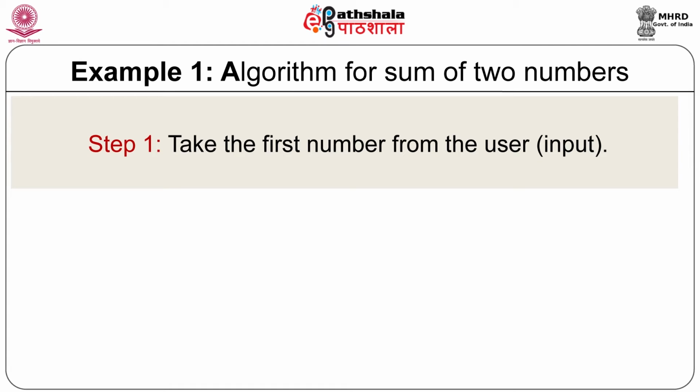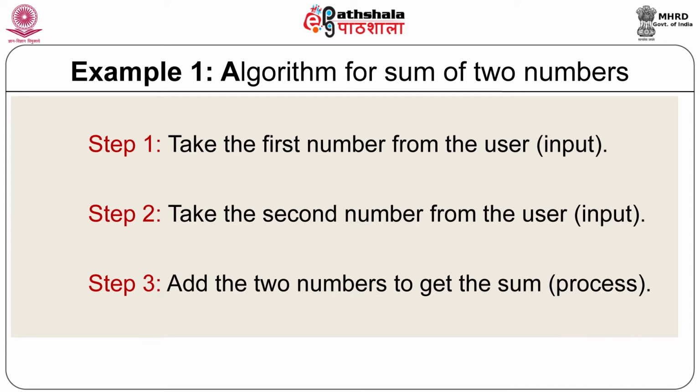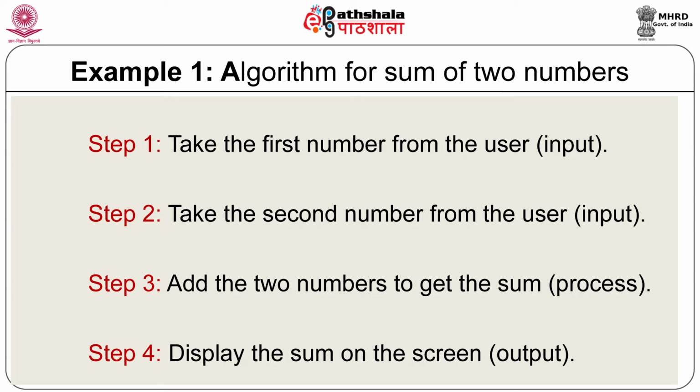Step 1 is take the first number from the user, and that is treated as an input. Second step, take the second number from the user, that is also treated as an input of the algorithm. Third step, add these 2 numbers to get the sum, that is also called the process. Step number 4 displays the result, and that is treated as an output of the algorithm.